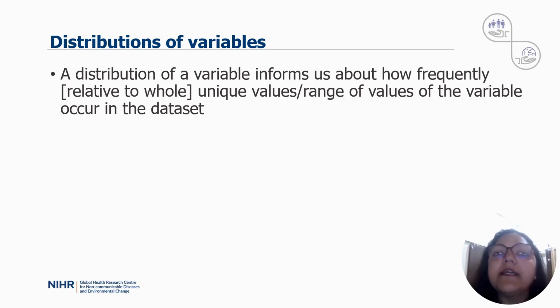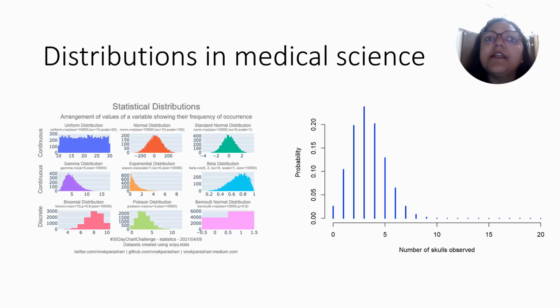In trying to understand the distribution, which is how frequently relative to the whole unique values or range of values of the variable occur in the dataset, we understood that there may be different kinds of distribution shapes that may arise. Some of them could be fairly symmetrical, which means that the left-hand side of the distribution is similar to the right-hand side when the distribution is split across the center.